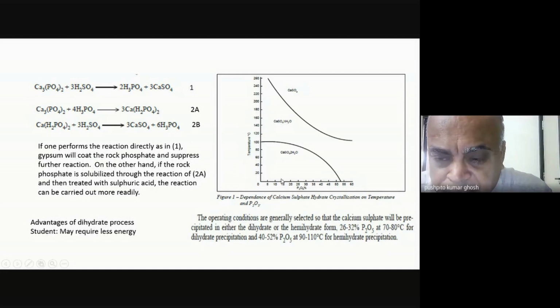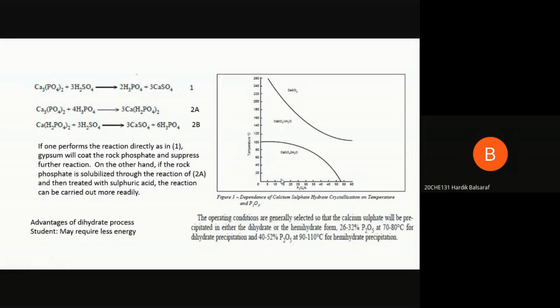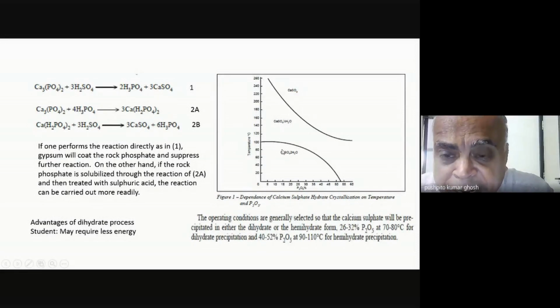Yes, sir. Please could you repeat the advantage? The advantage is that, if I am operating at a temperature of around 80 degrees centigrade, which means that I will be within the phase diagram for calcium sulfate 2H2O, I'll be in this portion, which means it's a good thing because I'm probably forming a nice crystalline granular calcium sulfate 2H2O, which will be easy to filter out.